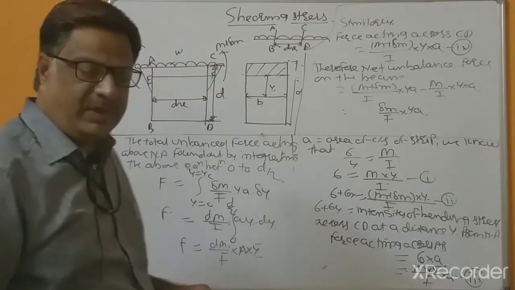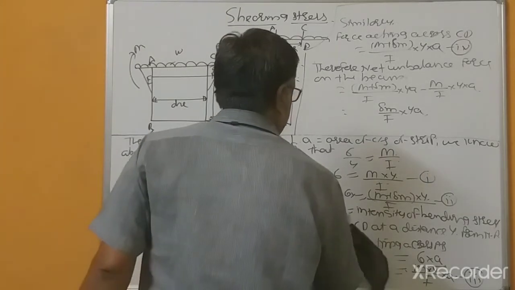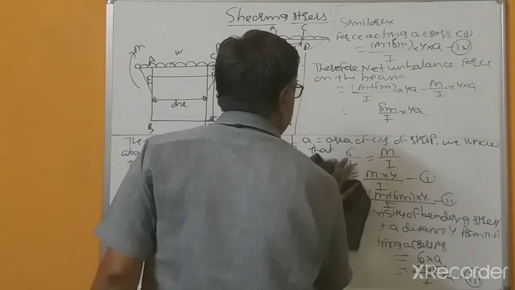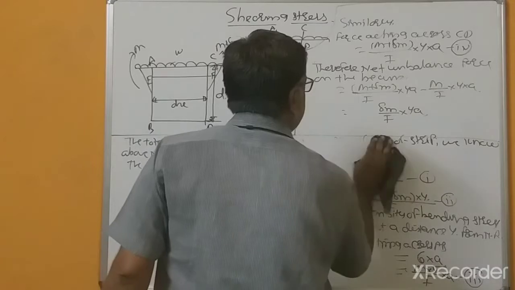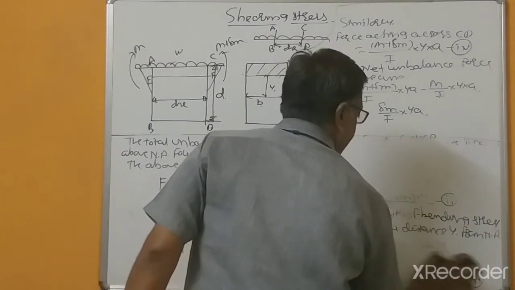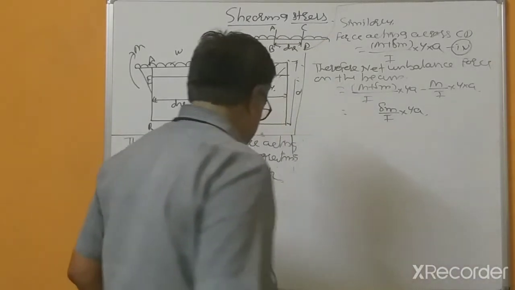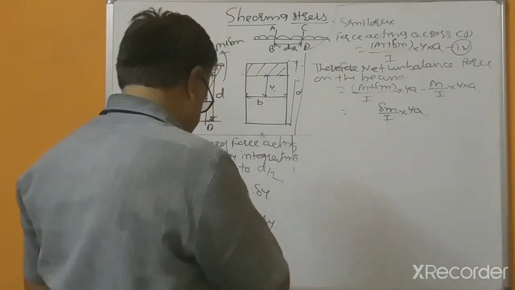So where Y bar is the centroidal distance of the section above the neutral axis. So here please understand what is meant by above the Y bar.